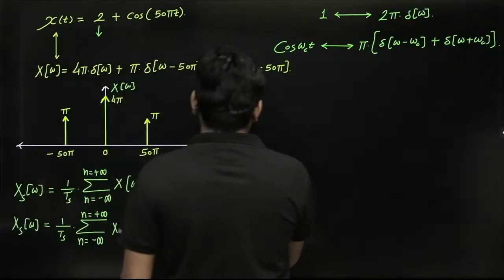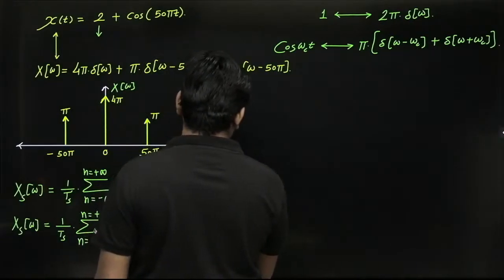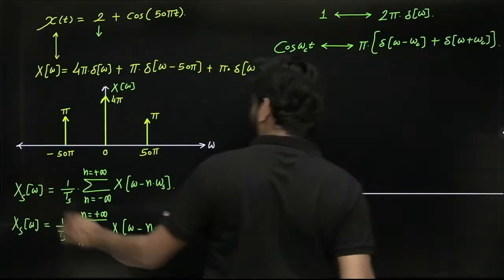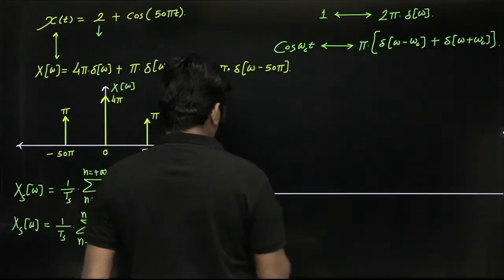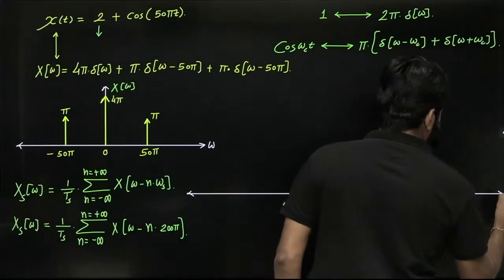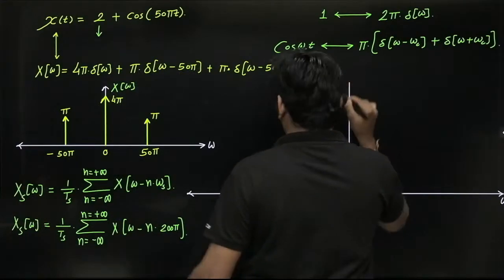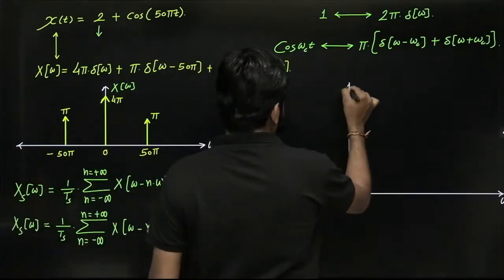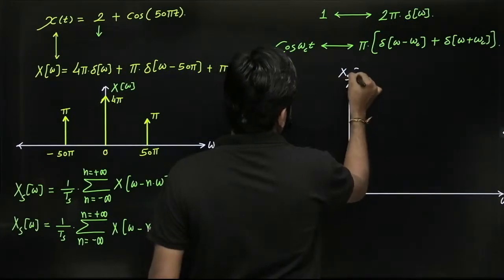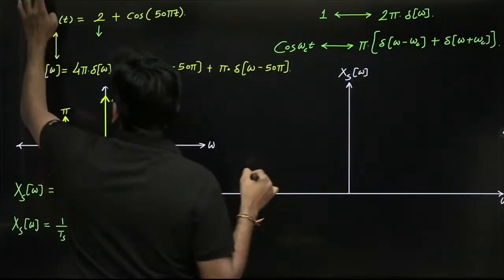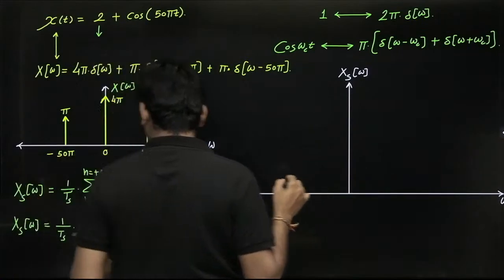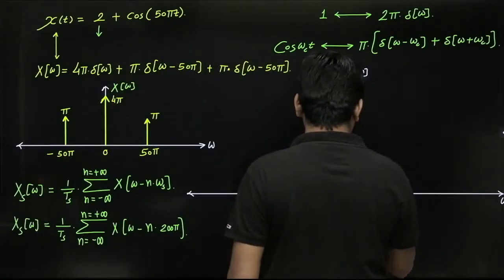So how does it look, guys? It looks like this. First draw X of omega. Here is Xs of omega, the output of this sampler in the frequency domain.